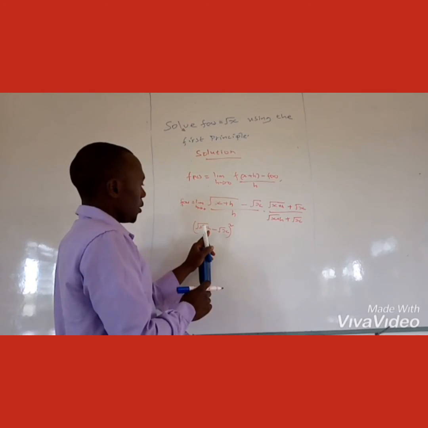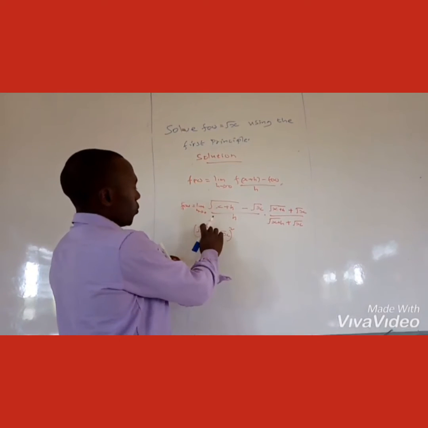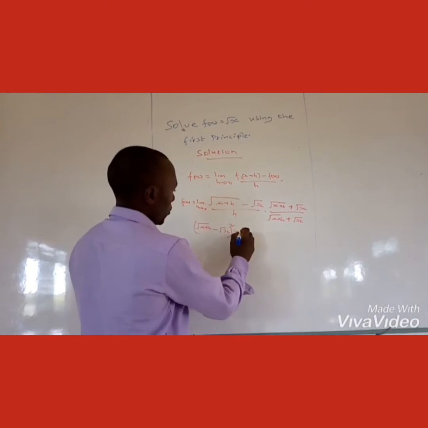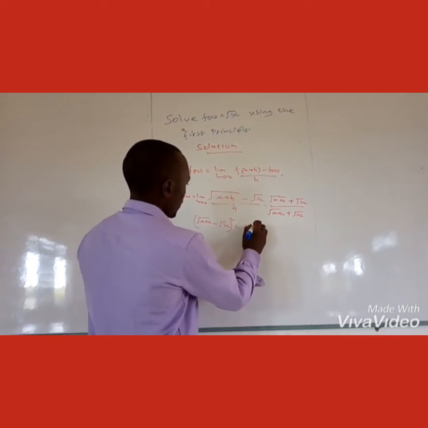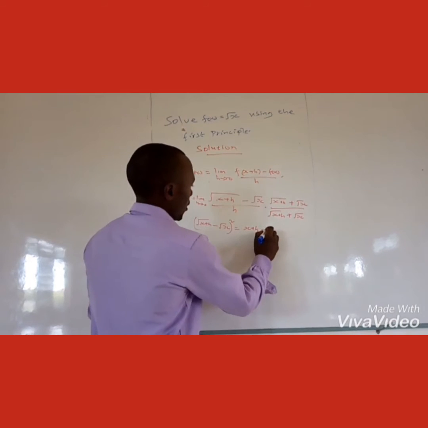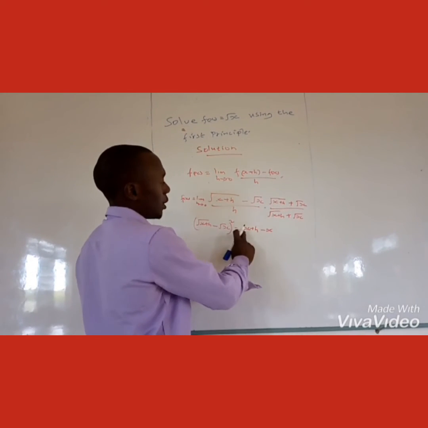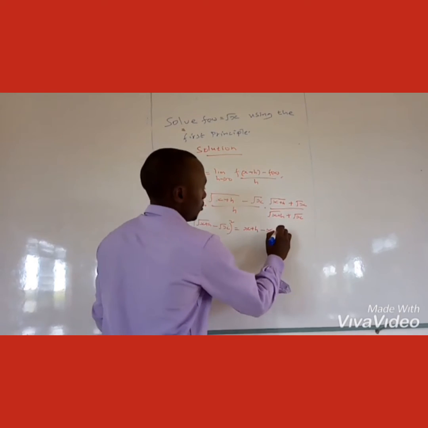We are saying this is like a difference of two squares, and therefore this square and this square root goes, and then we remain with x plus h minus x. This plus x minus x is 0, remain with h.